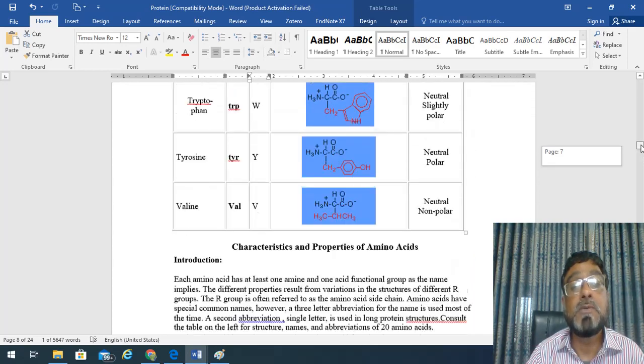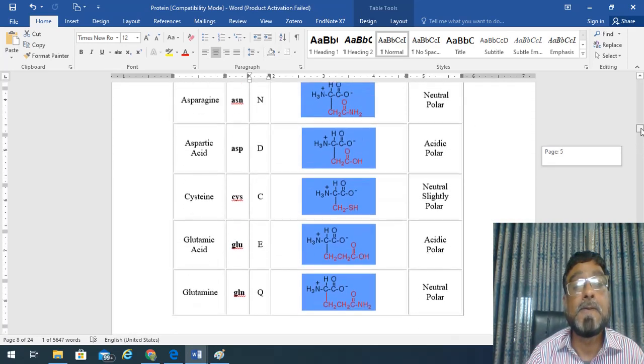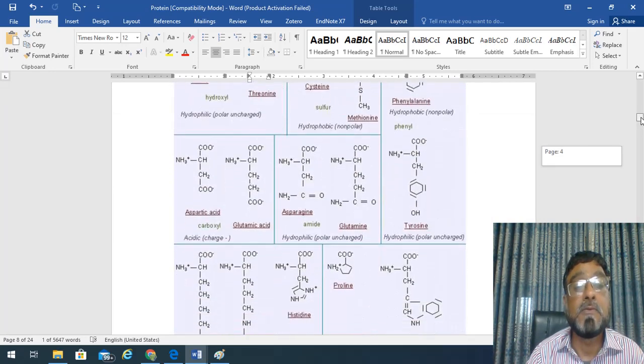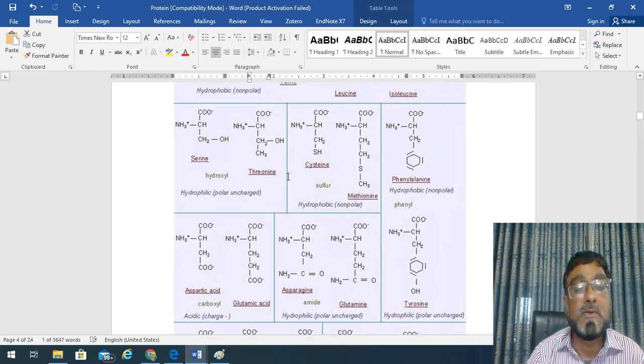So look at this structure. We have this one, this is polar. Serine is also polar. Here the polarity is due to the OH. Here the polarity is due to the COO, right? So both are polar types of amino acids.